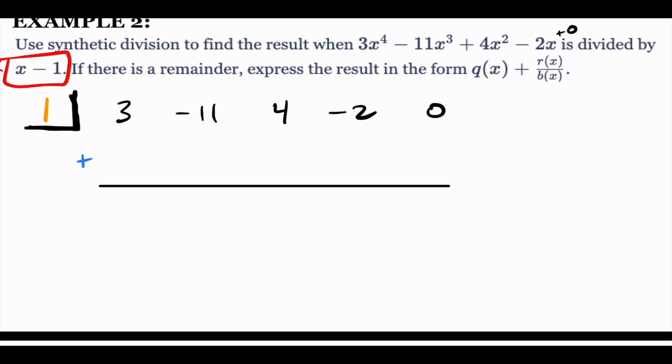Okay. First guy always comes straight down. Multiply. 3 times 1, positive 3. Always plus. Negative 11 plus 3, negative 8. Multiply again.